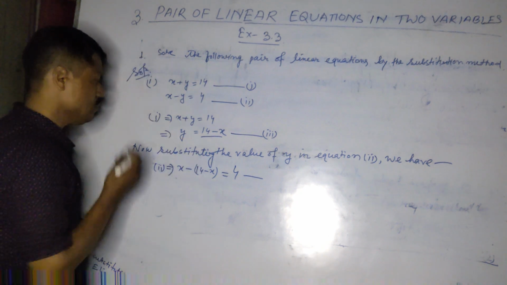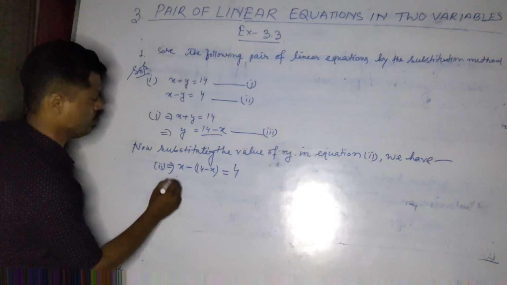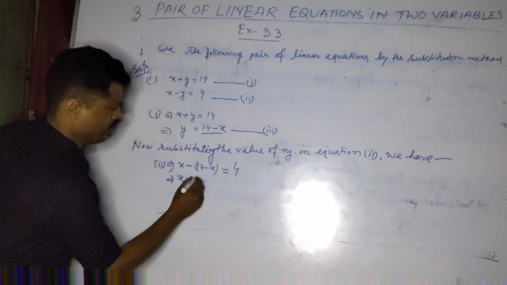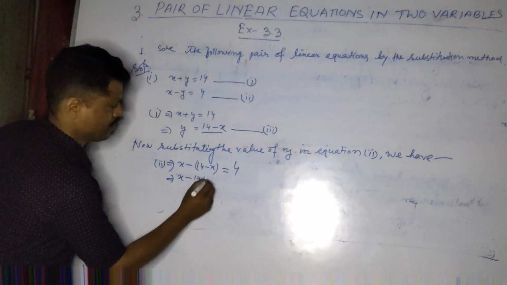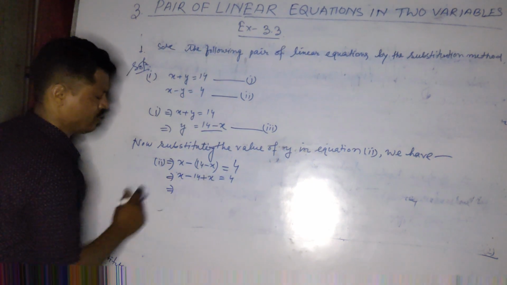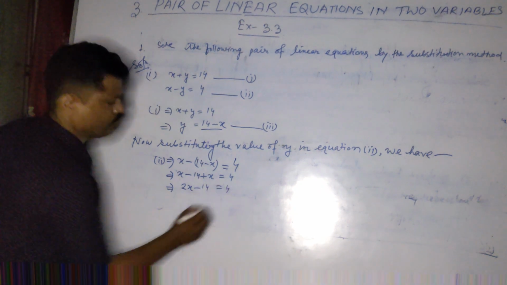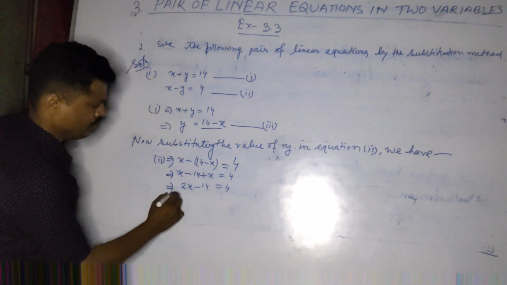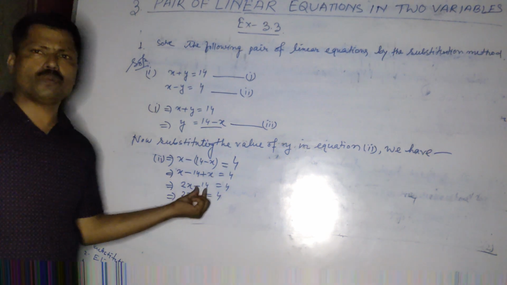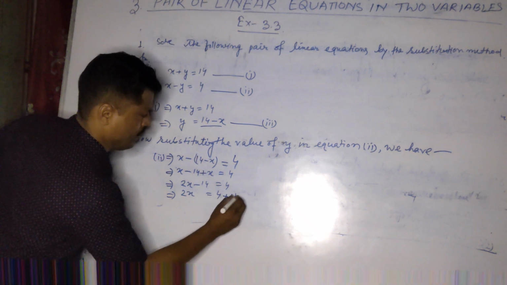So from this we have to find the value of x. So x minus 14, and minus times minus will be plus x, is equal to 4. Now x and x, how many x are there? 2x minus 14 is equal to 4. Now 2x is equal to 4 plus 14, since minus 14 goes to the right hand side as plus.